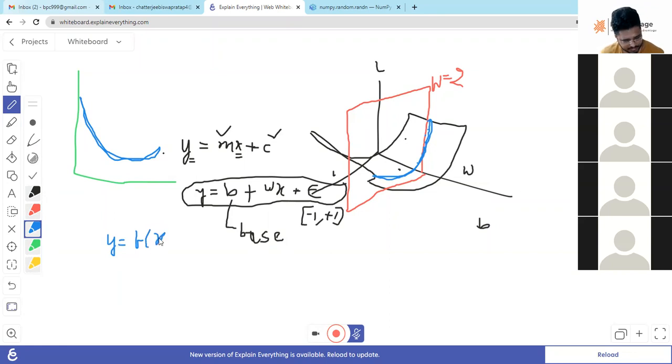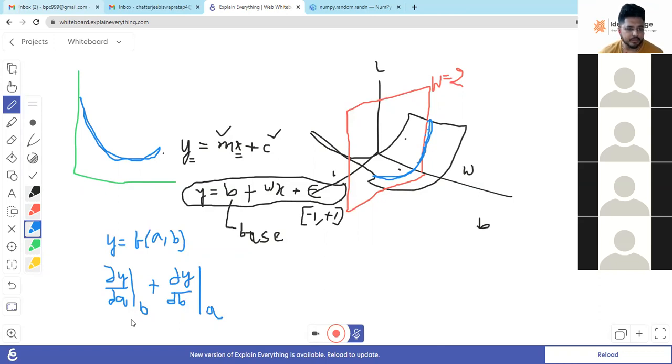If y is a function of a and b, and I am differentiating, the partial derivative symbol is like this. If I am calculating the partial derivative of y with respect to only variable a, keeping b fixed, this is called the partial derivative of y with respect to a, keeping b fixed, plus the partial derivative of y with respect to b, keeping a fixed.